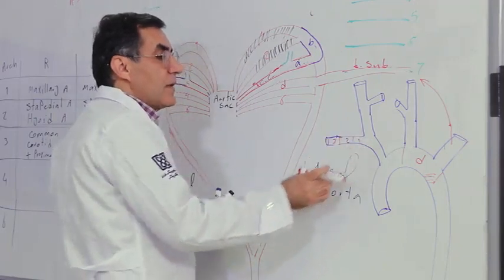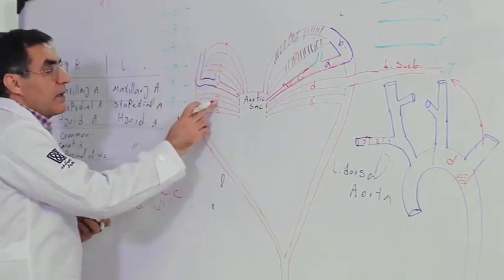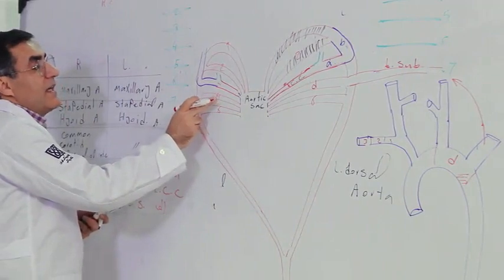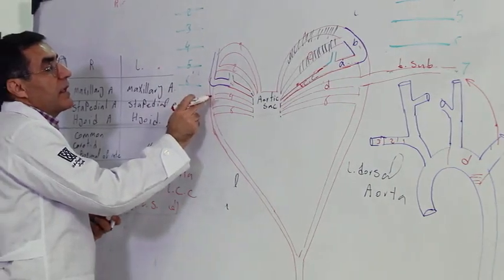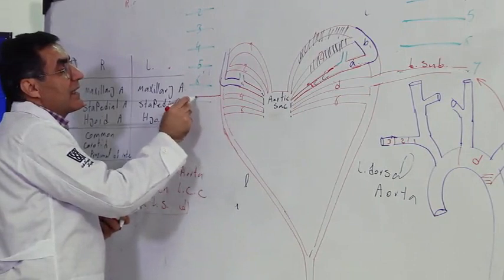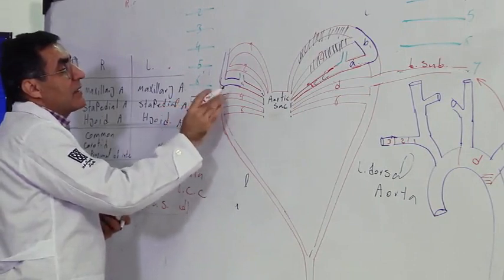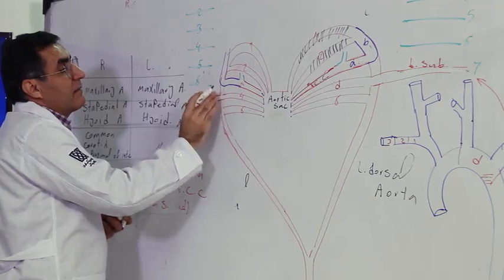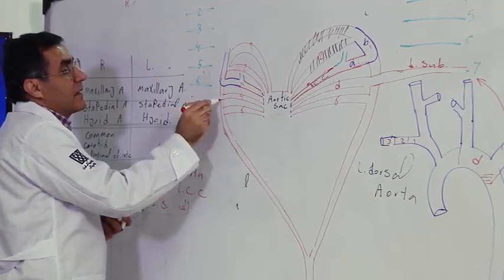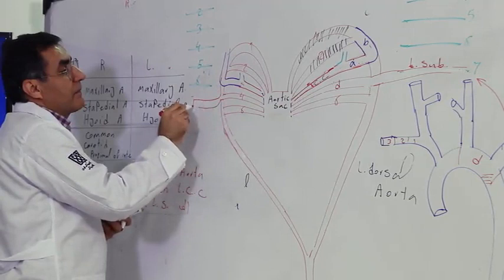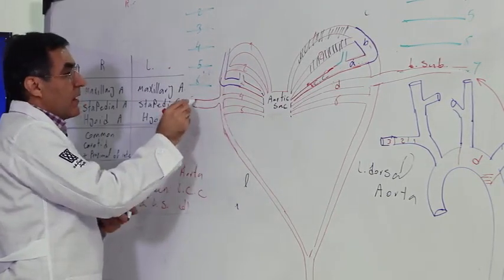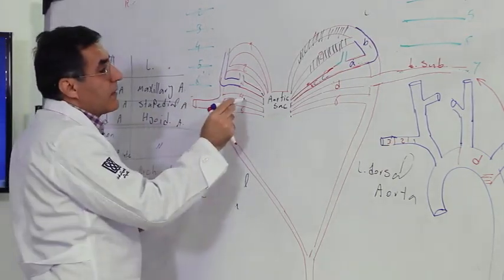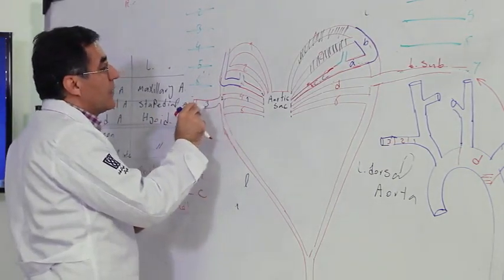The first part of the subclavian is made by the right 4th aortic arc, the middle part is made by the right dorsal aorta, and the distal part is made by the 7th right intersegmental artery. I write here number 1, number 2, and number 3.